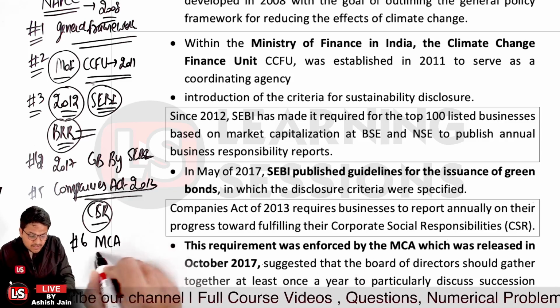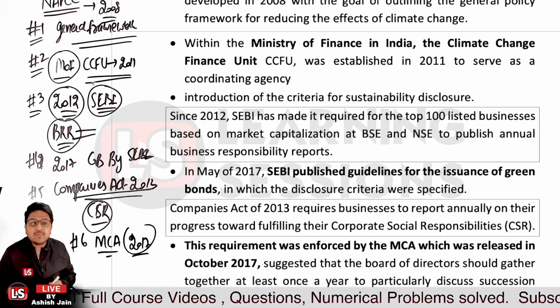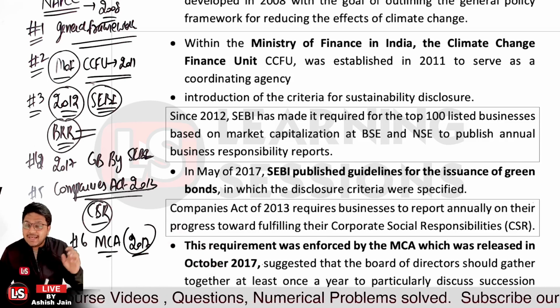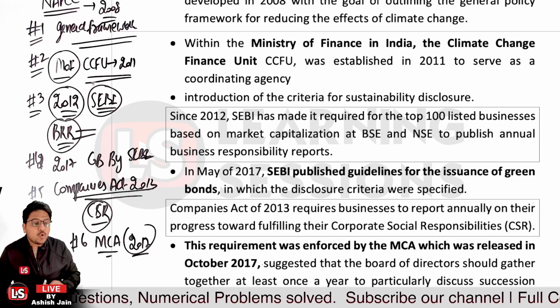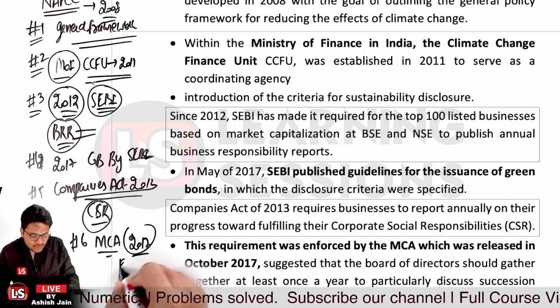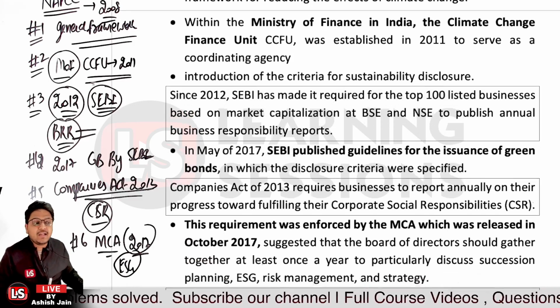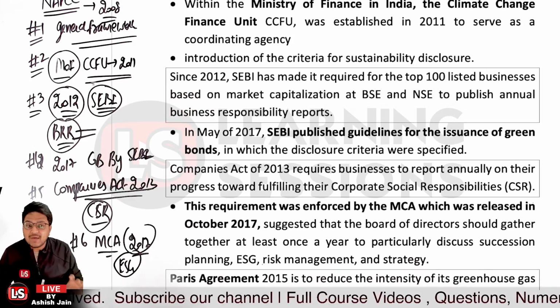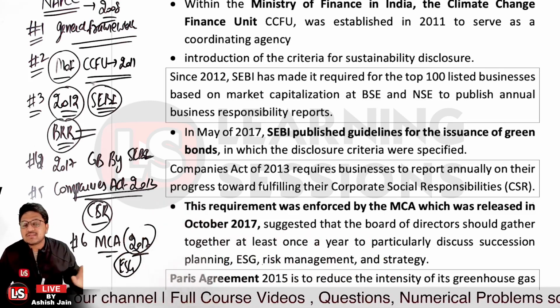The Ministry of Corporate Affairs made it required that the board of directors gather together at least once a year to discuss ESG, how to mitigate the risks related to ESG, how to manage the different risks and what their policy should be. Okay, so that was the sixth point.